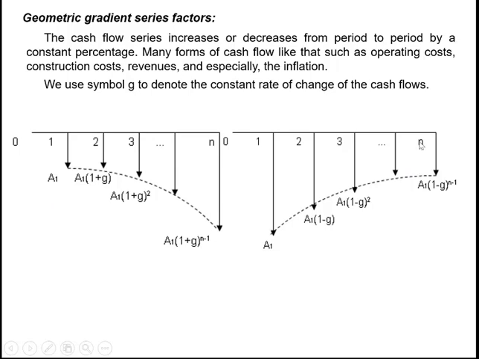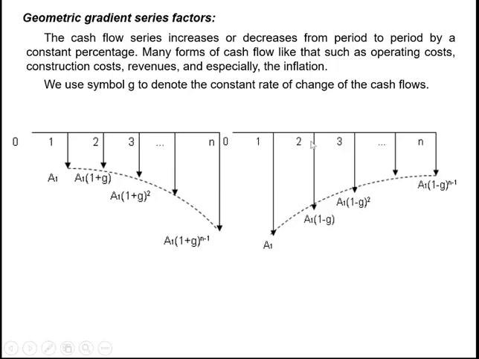And here is the geometric gradient series with the cash flows decreasing by a percentage of t. At period 1, the cash flow is I1. And from period 2 to n, the cash flows decrease by a percentage of t.